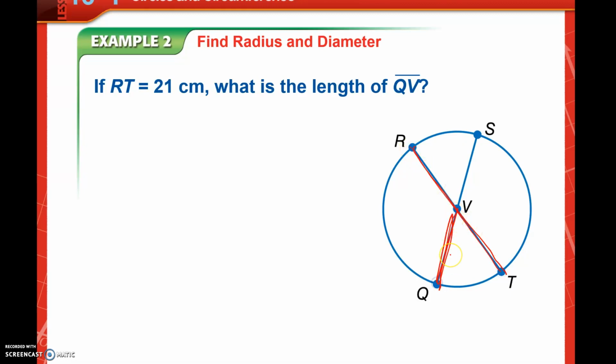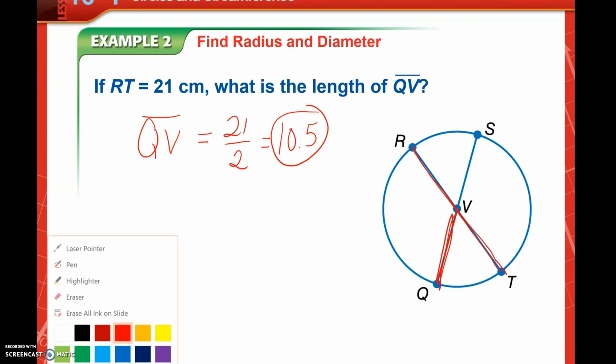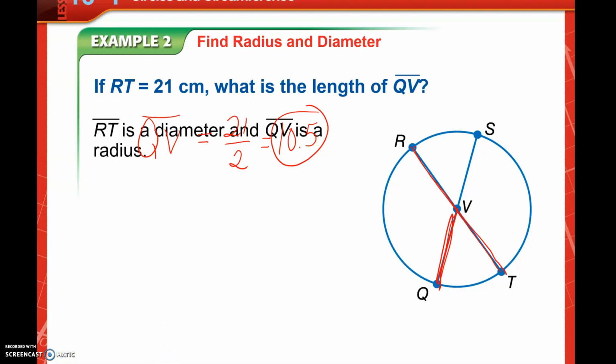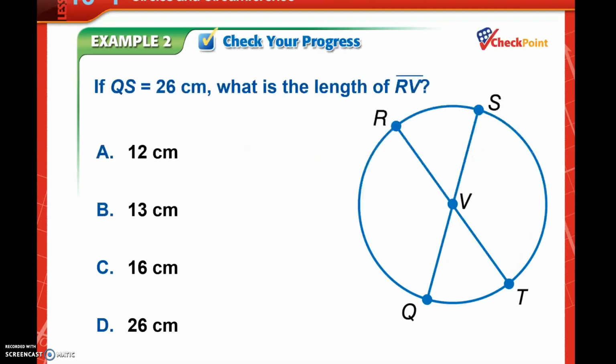So if the diameter is 21, then the radius is 21 divided by 2, which equals 10.5. So if QS, the diameter, is 26, then RV, which is a radius, is going to be half of that, so it's 26 divided by 2, which equals 13.